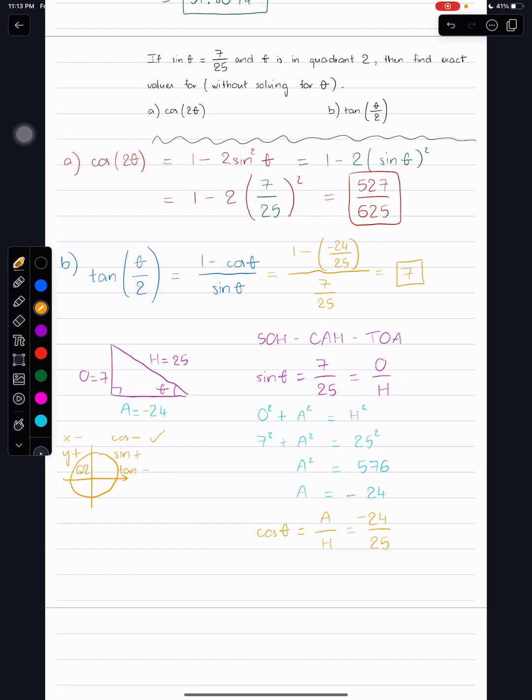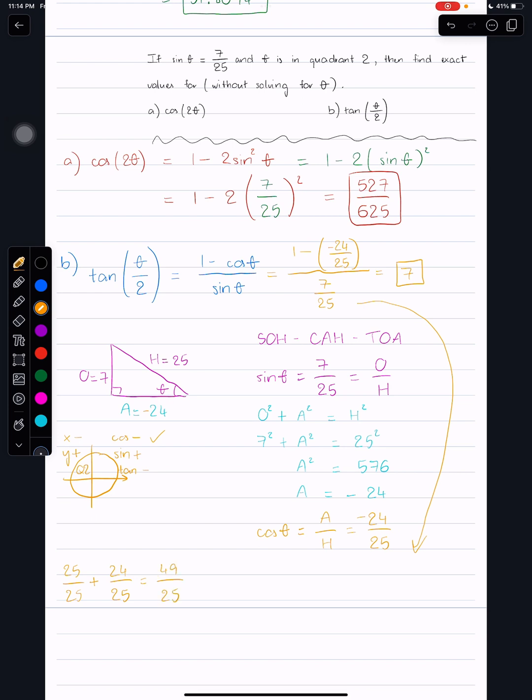Or if you want to do it by hand, you also can do that by doing 1 plus 24 over 25, right? Common denominator. 1 is 25 over 25. 2 minuses make a positive. So you have 25 over 25 plus 24 over 25 for the numerator of the problem, and that would be 49 over 25. Okay?